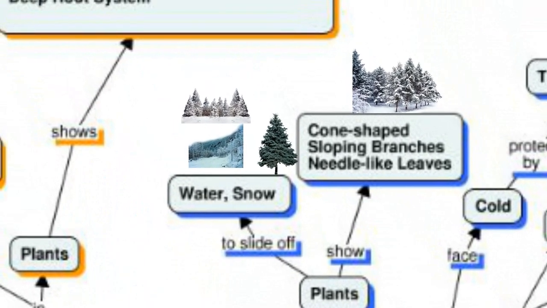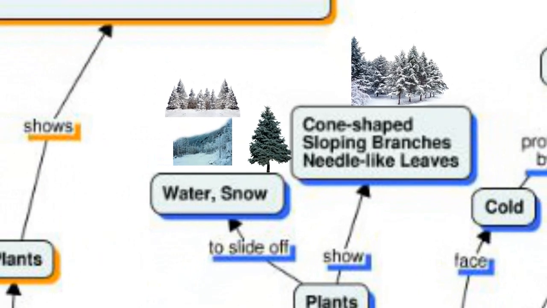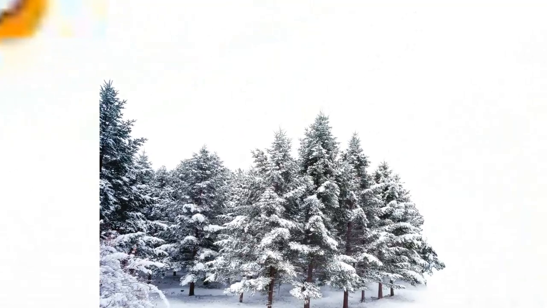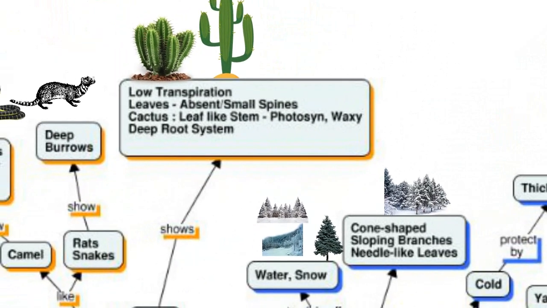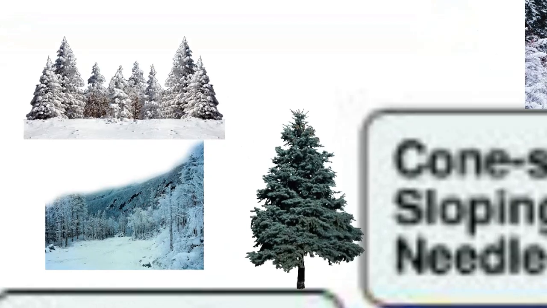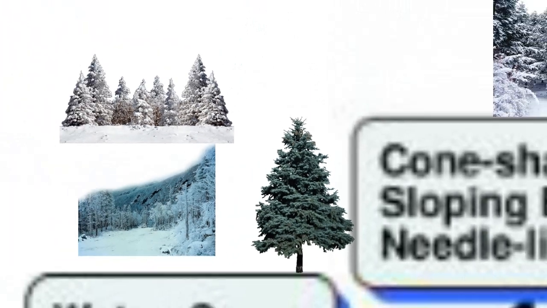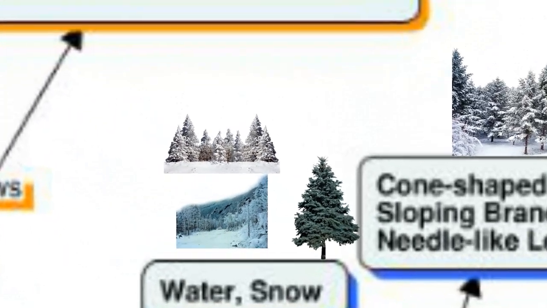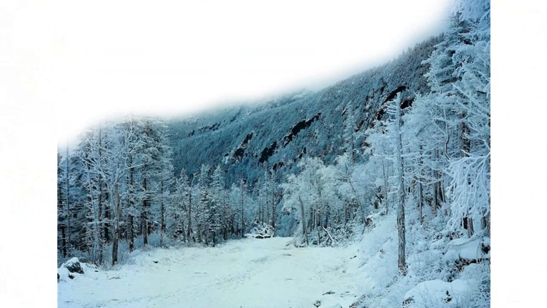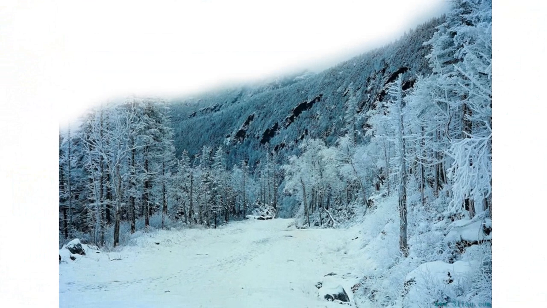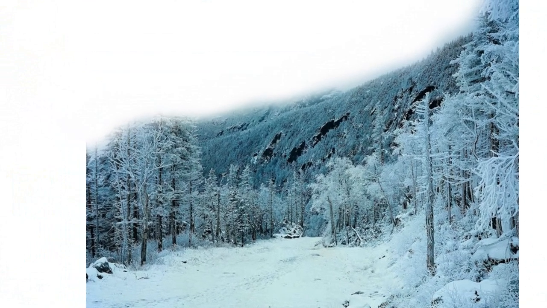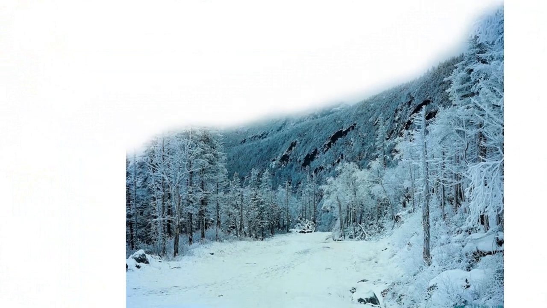Plants have needle-like leaves, sloping branches and cone-shaped trees. If you turn it upside down, it is a big cone, an ice cream cone for you to eat. They have cone-shaped trees because when there is heavy rain or snowfall, the snow and the water slide off from the top to the ground without damaging the tree much.